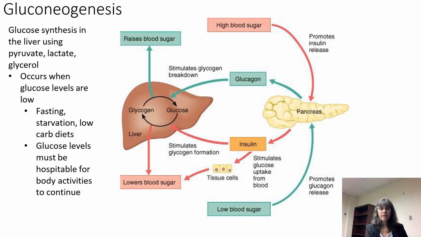Now, that does different things. One of the things it will do is stimulate the liver. The glucagon will stimulate the liver to break down glycogen. That's glycogenolysis. And it will also stimulate the liver to produce more sugar, and that's gluconeogenesis.